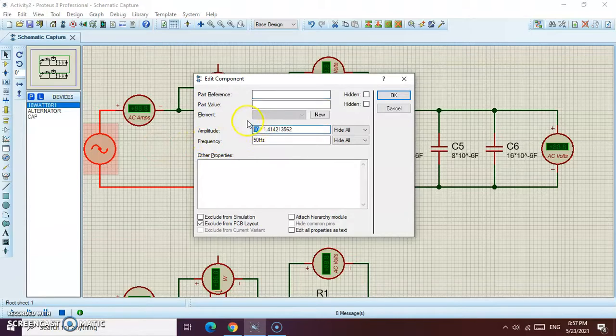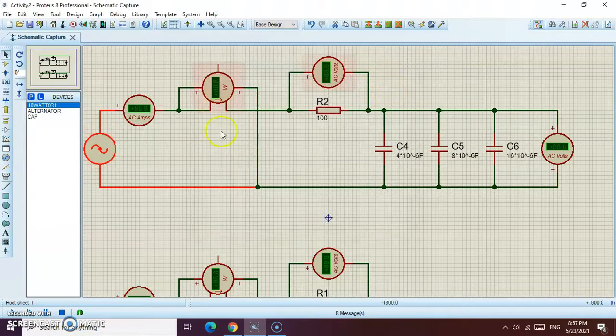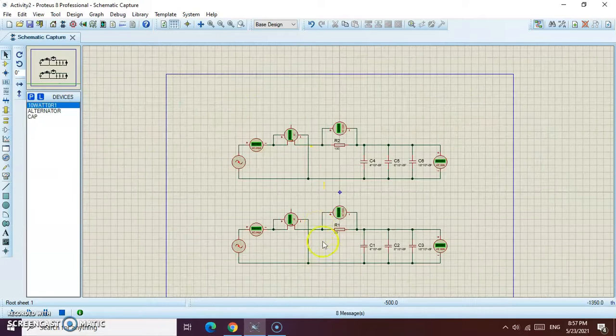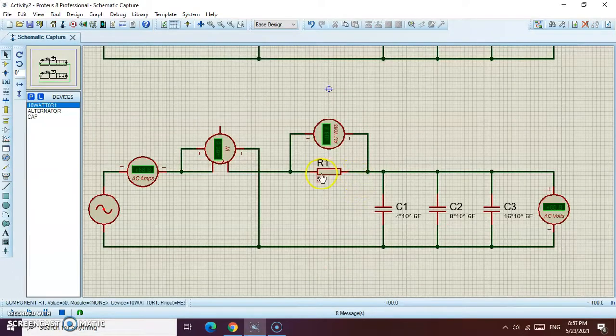We change it to 20, and then we continue to simulate it, and we wait some time until it gets a stable reading. We record it down, and then we just repeat it according to the table given. We continue until we get to 100, and now we see this diagram.